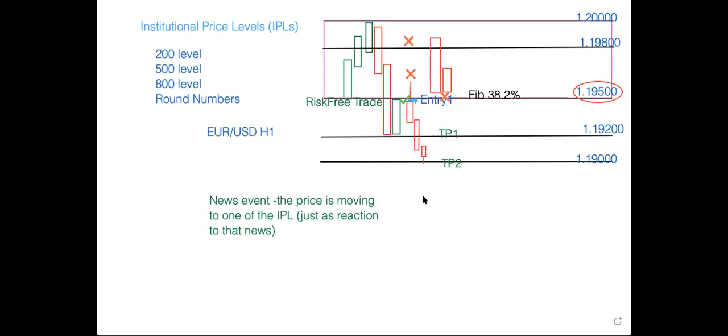So to avoid your stop loss being hit, always set it far from the IPL, by far I mean at least 10 pips. Actually, kind of 5 to 10 pips.